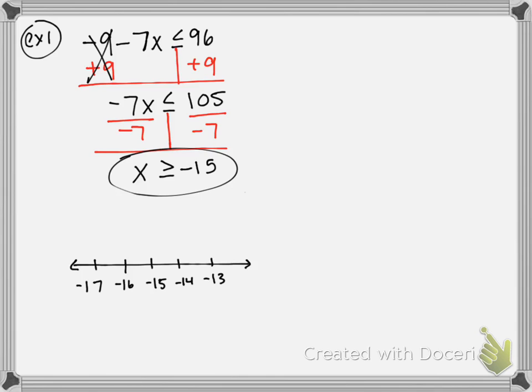I know this is going to be a closed circle at negative 15, so I'm going to close the circle at negative 15. And it is saying greater than or equal to, so all my answers are going to be to the right. If you don't have a different color, just make it as thick as possible. Or if you want, you can just point it like that.